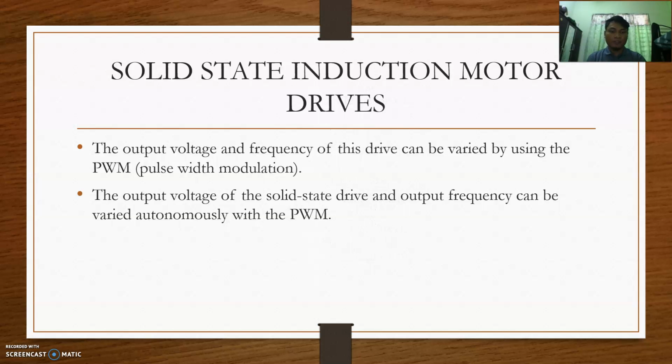The output voltage and frequency of this drive can be varied by using the PWM, that is, pulse width modulation. The output voltage of the solid-state drive and output frequency can be varied independently with the PWM.